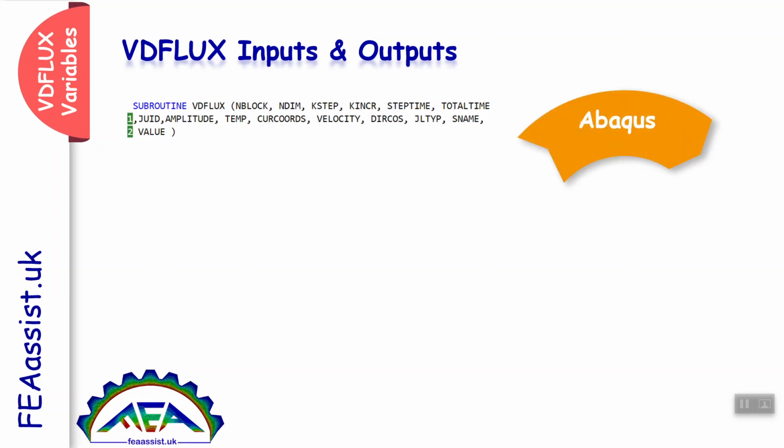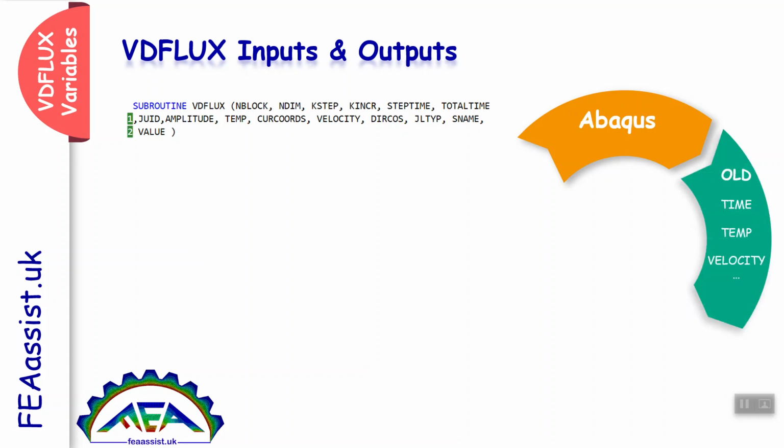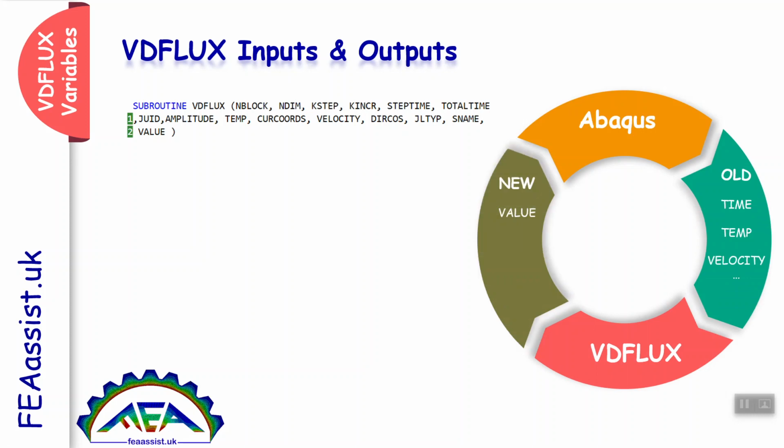In other words, Abaqus computes some variables like temperature, velocity, and time, and these variables are transferred from Abaqus to VDFlux. In VDFlux, we need to get these variables and recompute the value, which is the flux. So the flux is transferred to Abaqus. Abaqus will use this value to recompute the time, temperature, velocity, and other variables.